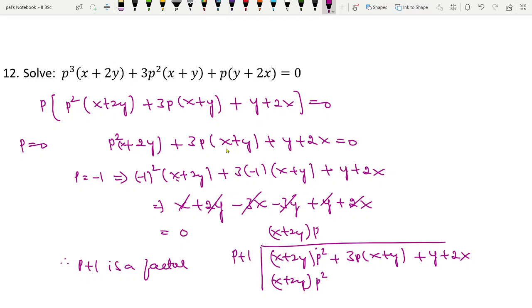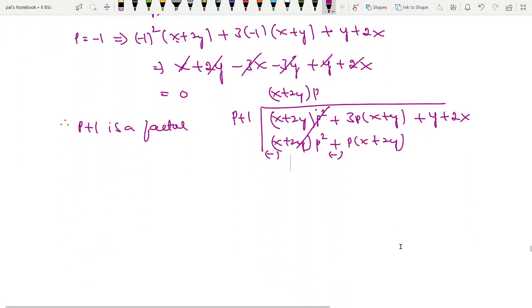Next 1 into this, that is x plus 2y into p, or p into x plus 2y. So change the sign, you know the division, so this cancels.